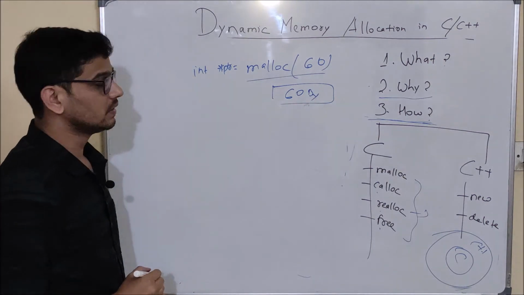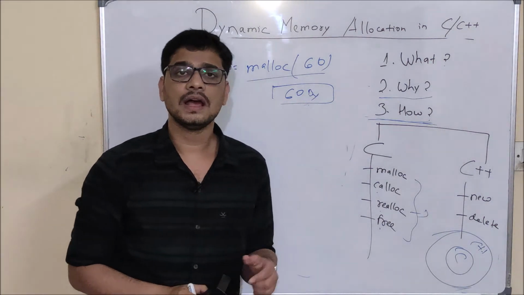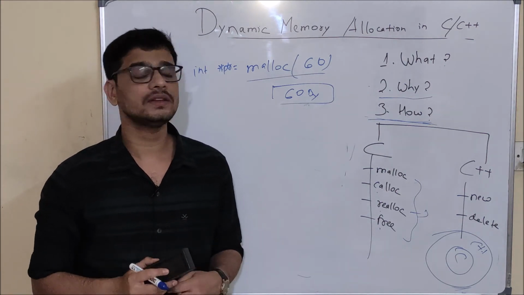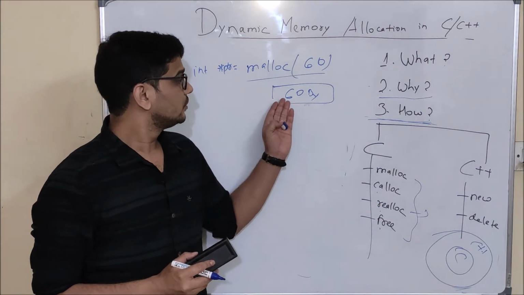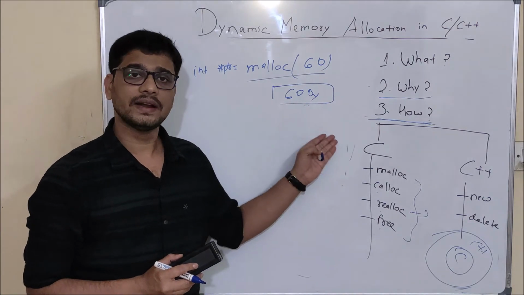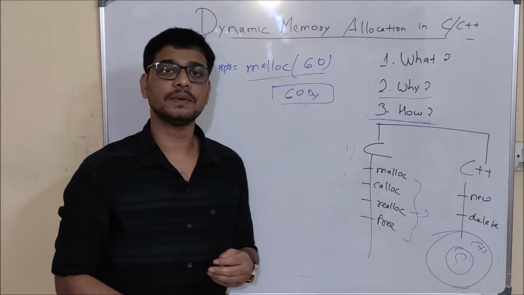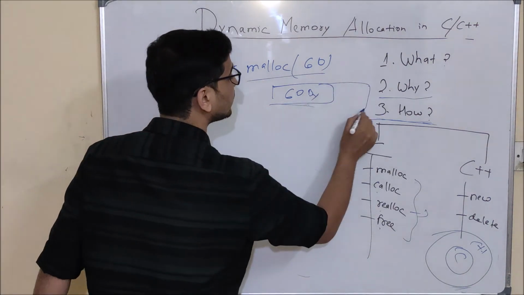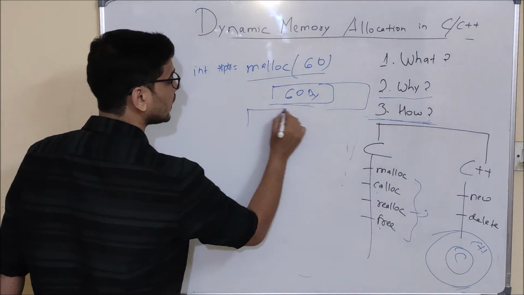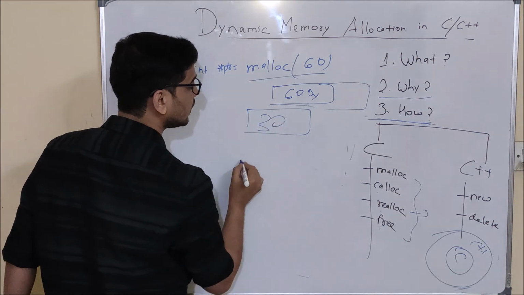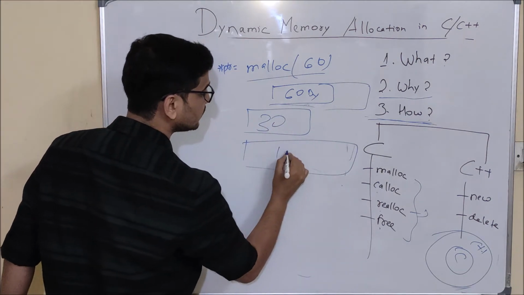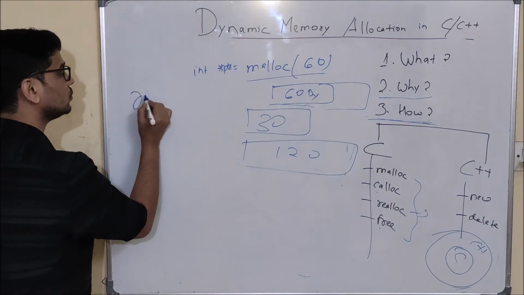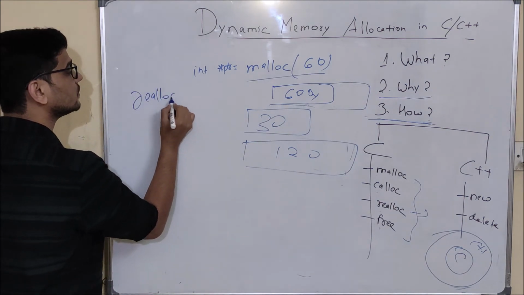There can be a case where out of these 60 bytes I will only use 30 bytes, and there can be another case where this 60 bytes is full and I will need 60 more bytes. So in both cases I need to resize my memory block. In the first case I will resize it to 30 bytes, and in the second case I will resize it to 120 bytes. So how are we going to do it? We are going to use the realloc function.